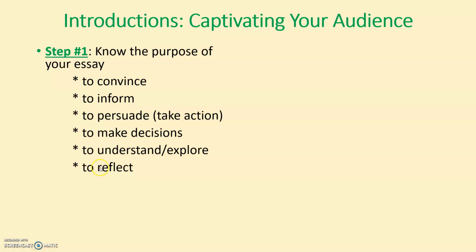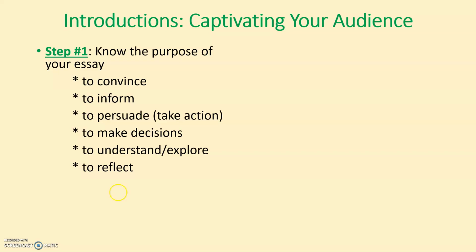And finally, another purpose might be to reflect. And this happens all the time. Sometimes teachers assign reflective essays where they ask the writer to reflect on their own life and then to bring their own personal experiences into their work, and that can be another purpose.